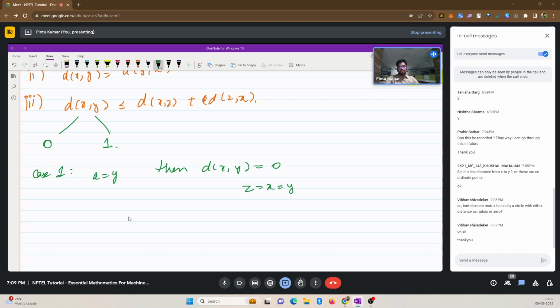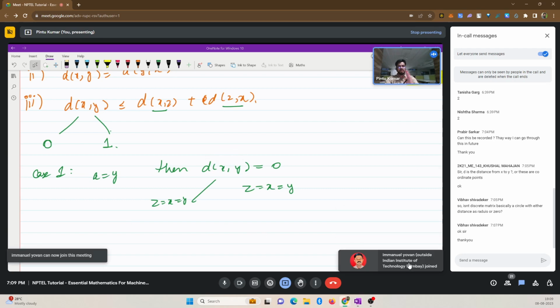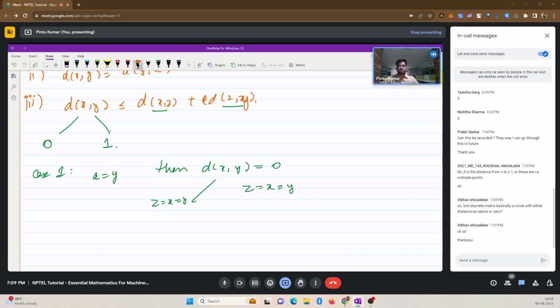If my z is equal to x and y, then the distance of x comma z would also become 0, and the distance of z comma y would also be 0. So the left hand side is already 0 and the right hand side is 0 plus 0. So this is satisfied.